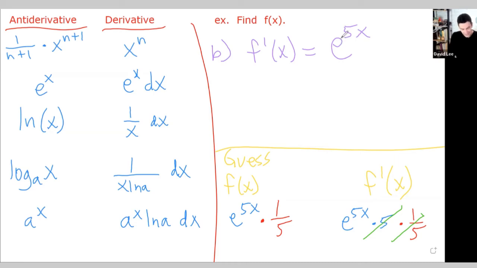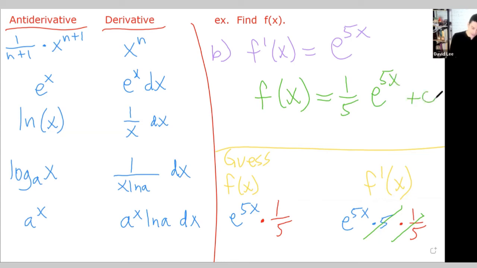You see that? And so now that I have found the correct derivative, this reveals to you the antiderivative. And so we're done. So this would be 1/5 e to the 5x. Just put a plus c if you want to.